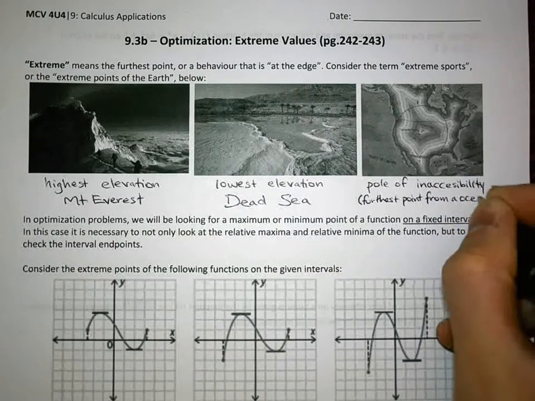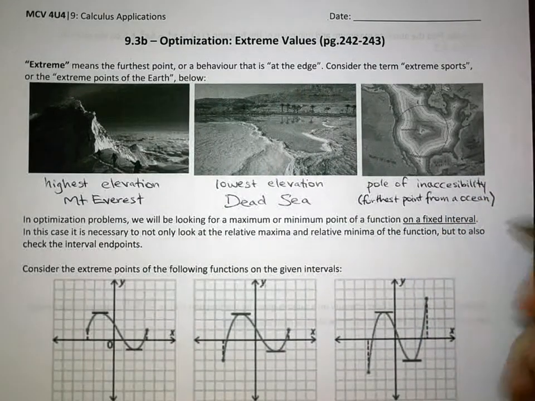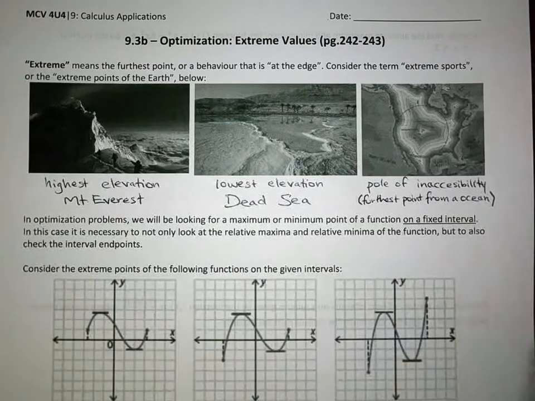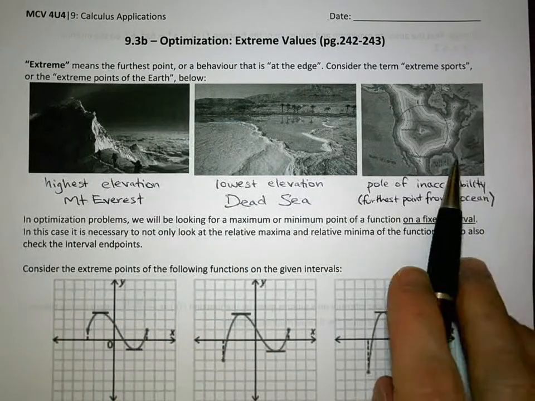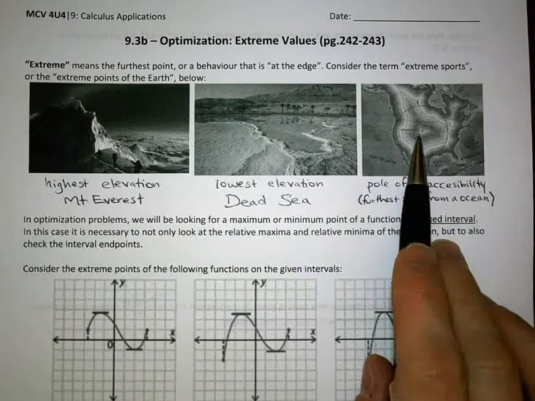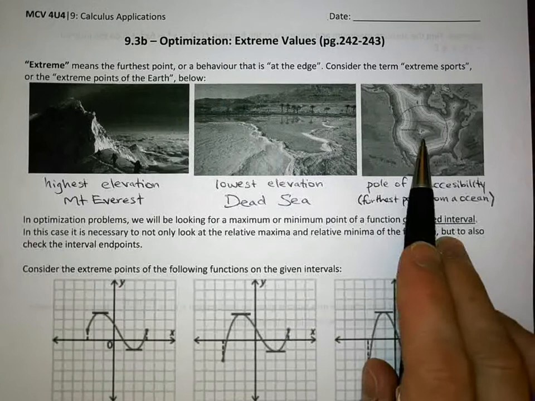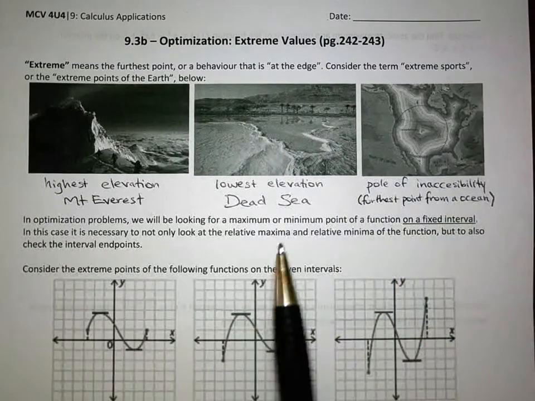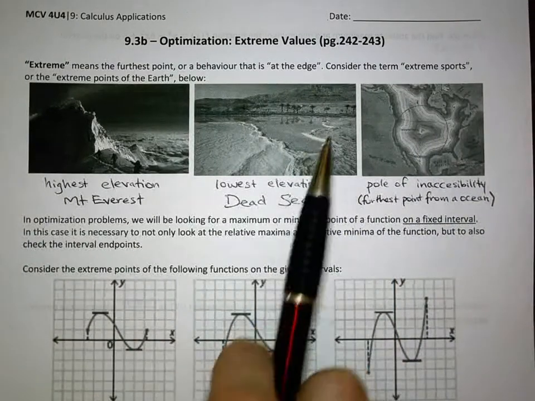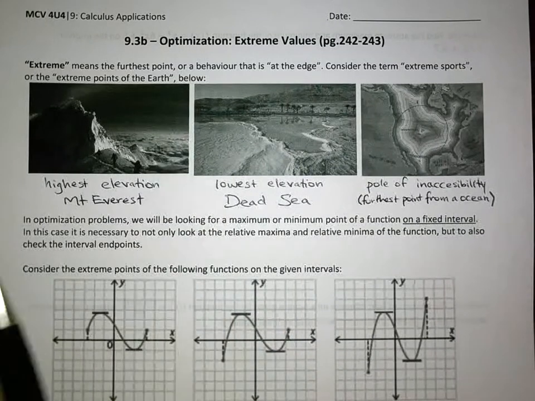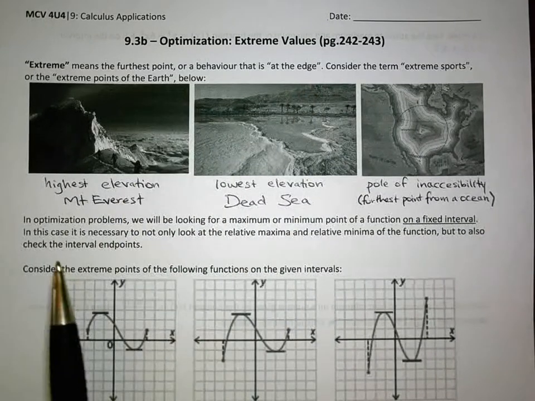So there you go. If you want a new challenge, you can try to collect all the extreme points of the Earth: the highest point, the lowest point, but also the point that's furthest from an ocean. And it's somewhere, I guess, in Nebraska, or where would that be? Dakota or something like that. There's also one in Asia, the furthest you can get from an ocean. These are all extreme points, and it kind of gets us ready for our lesson on the extreme value.